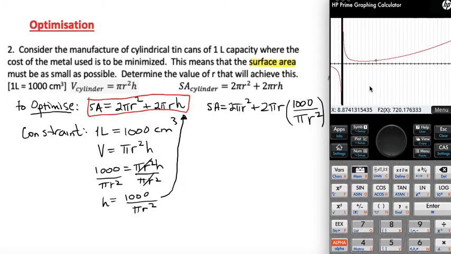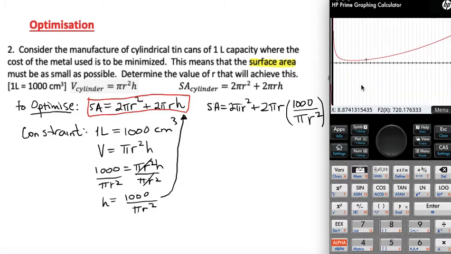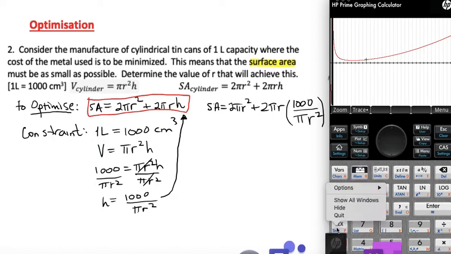The domain would just be r greater than 0, it must be. What we want now is the minimum. In the last problem we maximized, but here we want the smallest area possible. So go ahead to your extremum again.